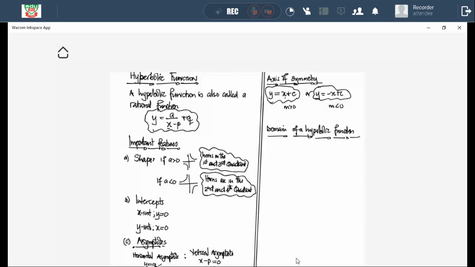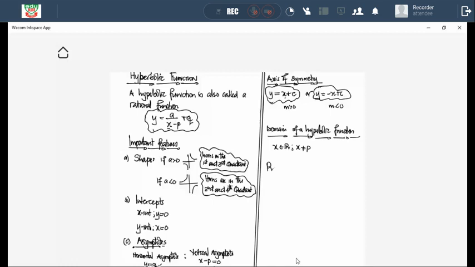So the domain of a hyperbolic function is given by x is an element of all real numbers, but x should not be equal to p. Remember, p is the restriction that you have, or your vertical asymptote. Domain is from negative infinity to positive infinity, and if there are no other restrictions, x should never be equal to the value of the vertical asymptote.